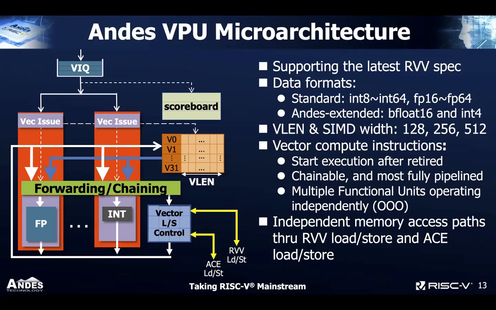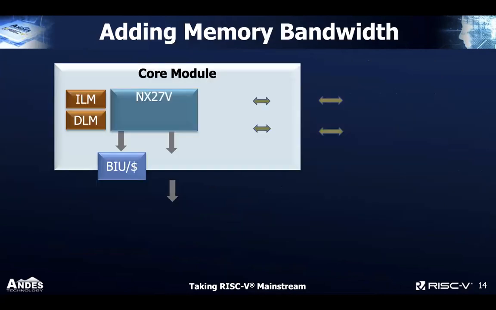Lastly, we have standard RISC-V vector loads and stores, cached and uncached. And if you need to, you could create a custom load and store port, or custom memories, using our ACE extensions.